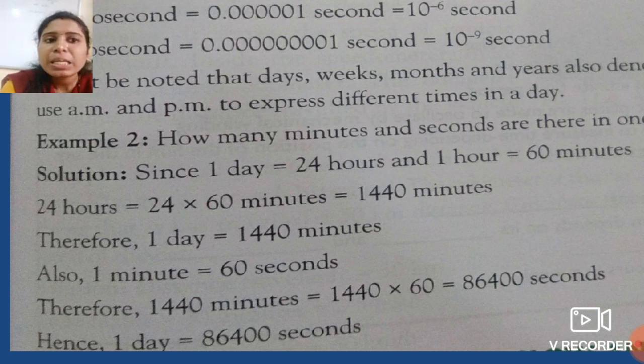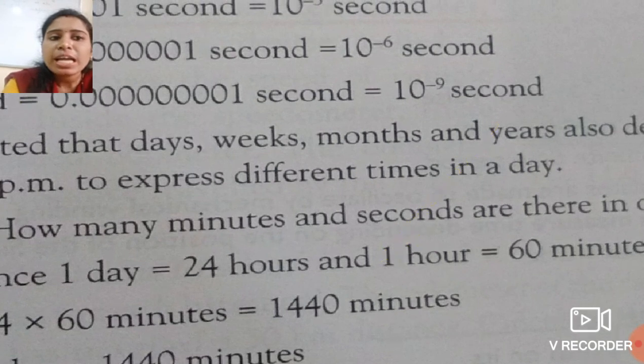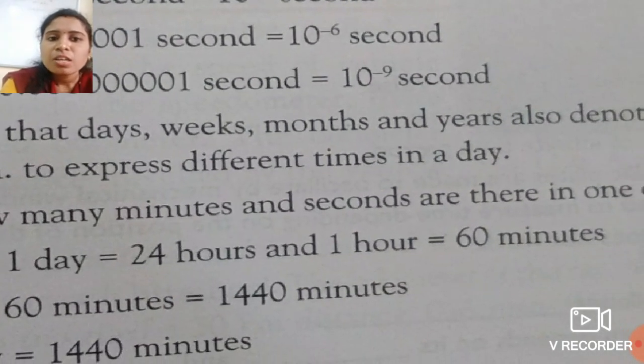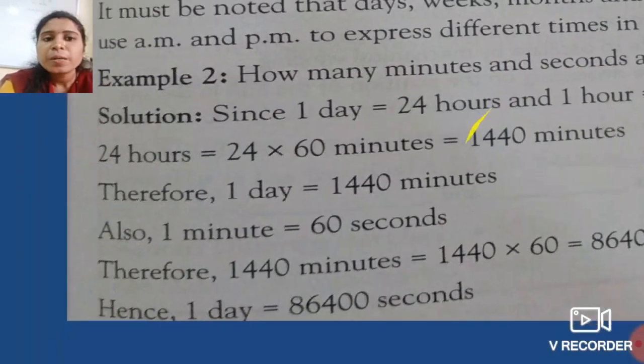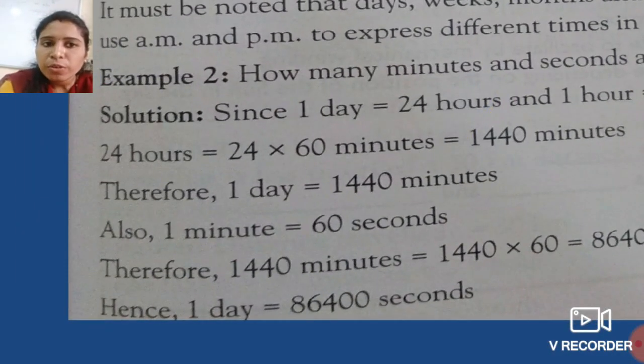We can multiply these 24 hours. As we know that 1 hour is equal to 60 minutes. So 24 hours means 24 hours into 60. We get 1440 minutes for the 24 hours. As for 1 hour 60 minutes, so 24 hours multiplied by 60, we get for 24 hours.